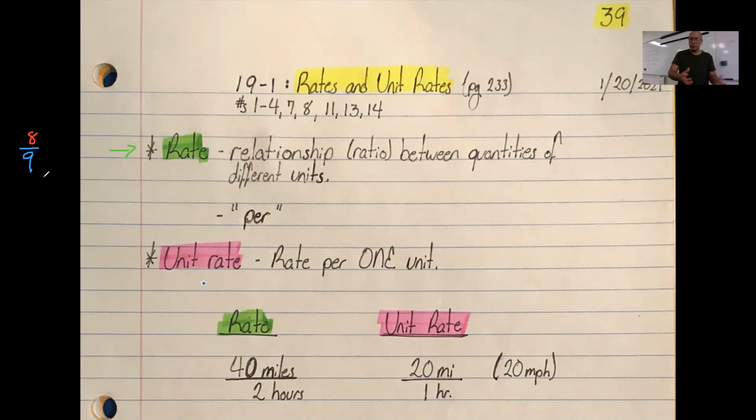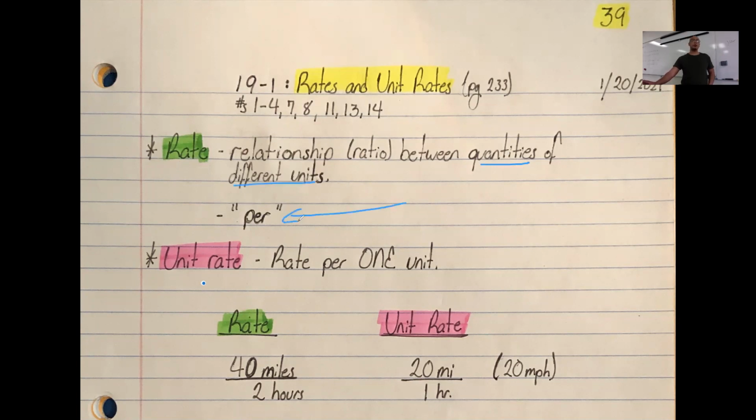They're both marbles. They might be red, they might be blue, but they are all still marbles. No, a rate would be something like comparing miles to hours, that's a distance and that is a time. It's going to make more sense in a second whenever I show you an example. So just know that it's quantities of different units.